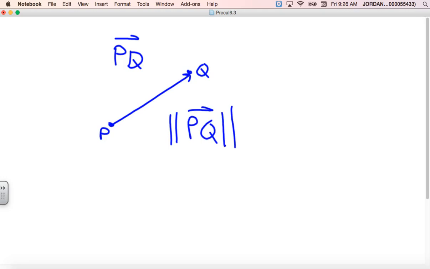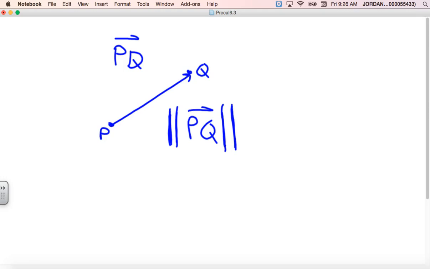If you see that, that's referring to the magnitude of it. They look kind of like absolute value bars around the directed line segment. So that's talking about the magnitude or the length of the directed line segment. And you can find that magnitude or length by using the distance formula, which we'll work on in a second.